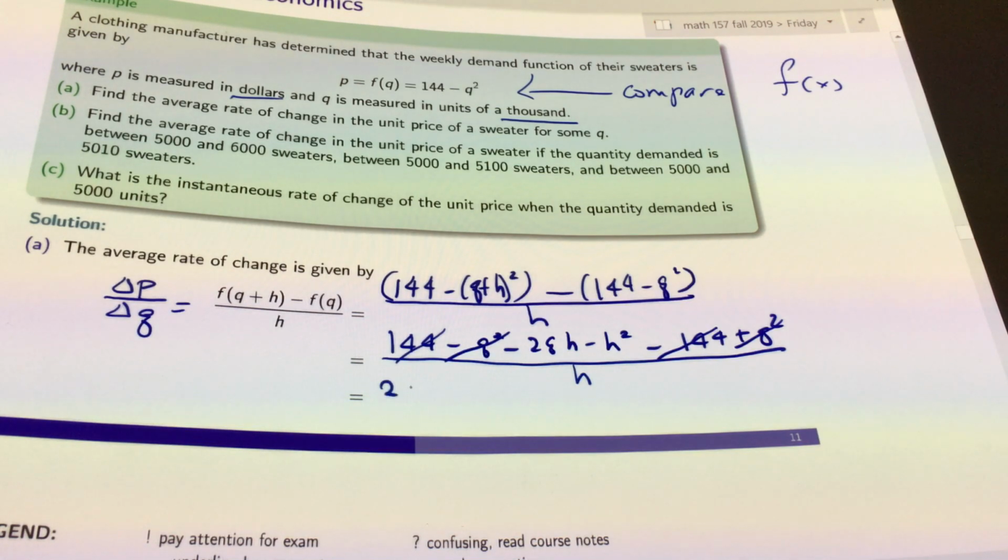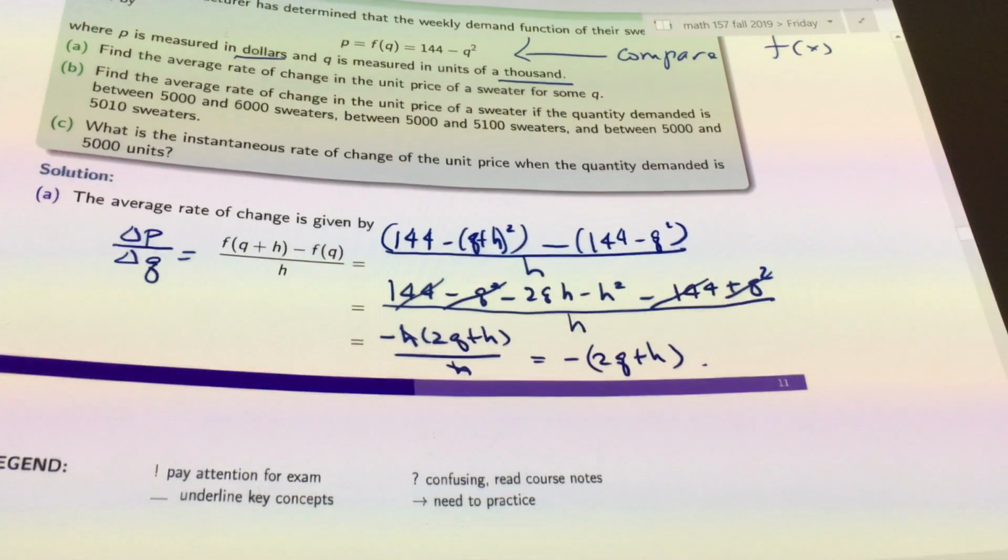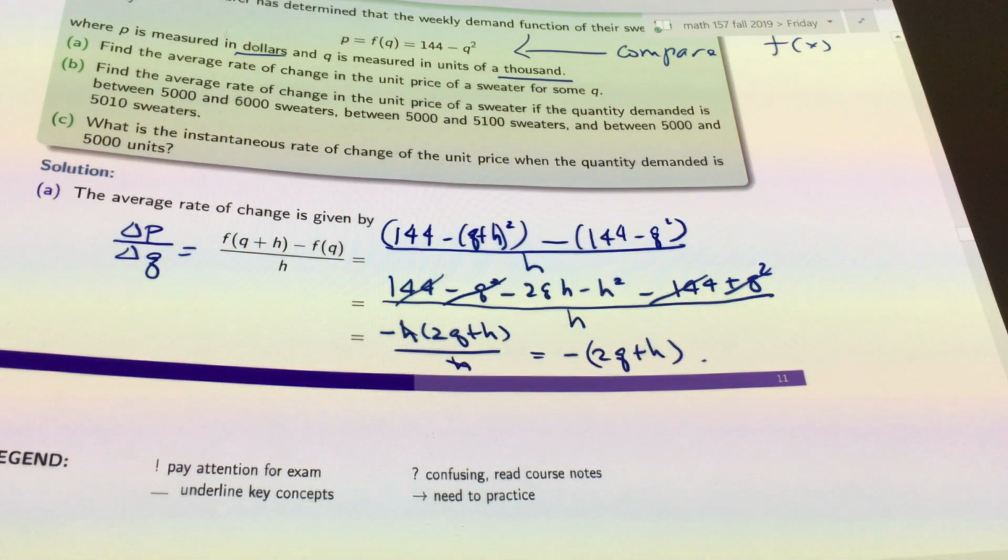And then I have 2q, I can take out the negative sign, so you factor it, I have a negative h, 2q plus h over h, cancel h, so you get negative 2q plus h. Okay? So this is the general formula, because I think in part B I need to apply a different Q. So this is a general formula when I'm changing from Q to Q plus h.